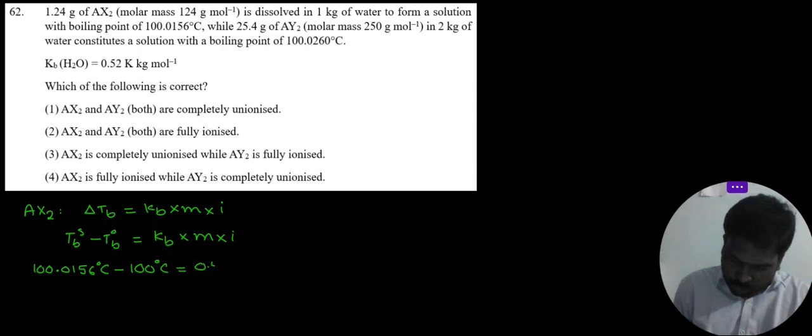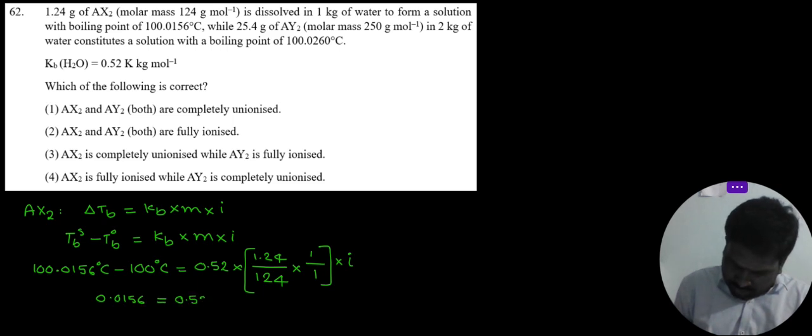Now the solution boiling point 100.015 degrees centigrade minus water boiling point 100 degrees centigrade is equal to Kb value 0.52 into molality, that is solute weight 1.24 by gram molecular weight 124 into 1 by weight of solvent in kg, 1 kg, into Van't Hoff factor. So here 0.015 equals 0.52 into 10 power minus 2 into the Van't Hoff factor.